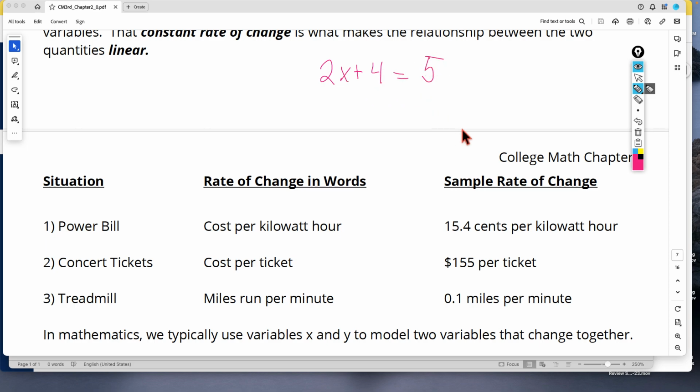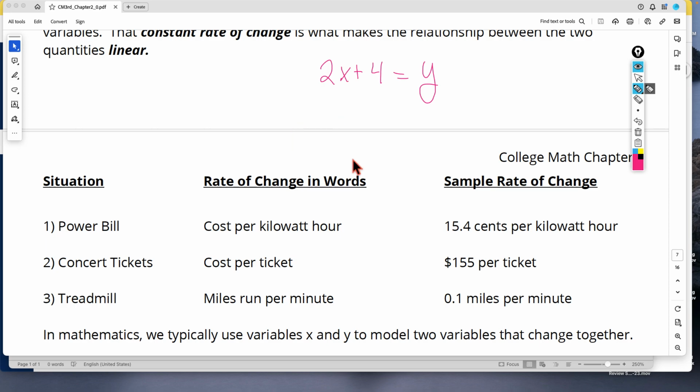This is a linear equation, but what we're going to introduce here is a true relationship. We'll introduce a new variable, so that x could be more than just one answer. There's going to be more than one answer for x. So as I put in a number for x, y will change.